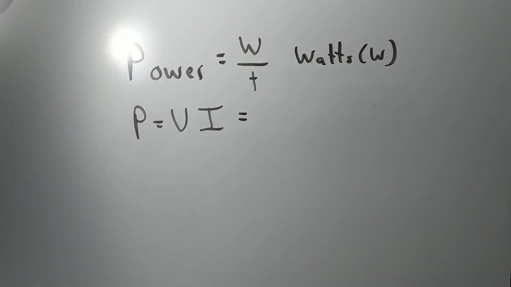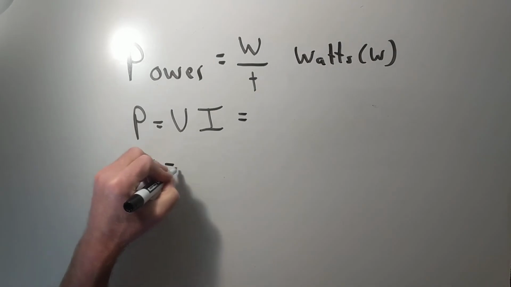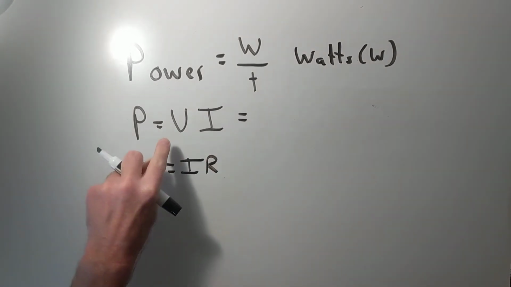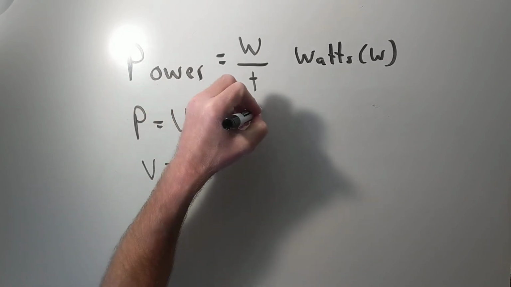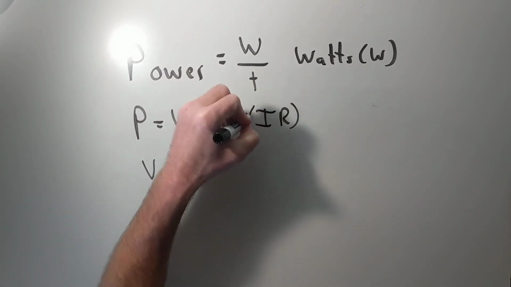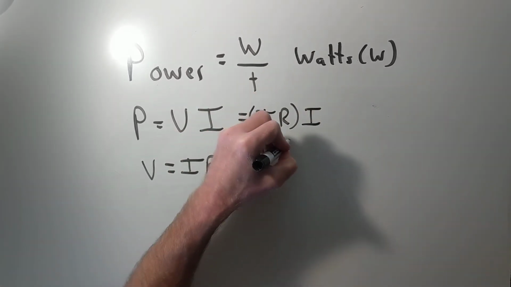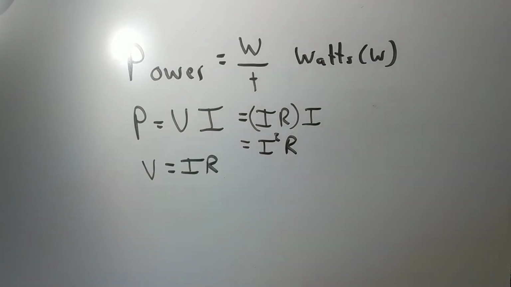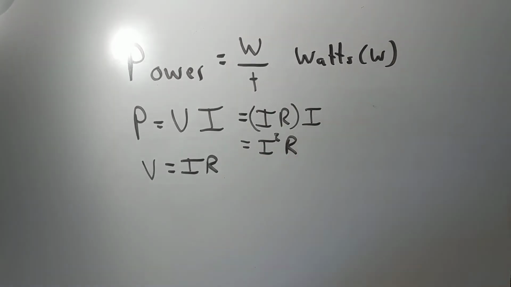But there's actually something you can do with this. If you look and remember Ohm's law, V equals IR, well, V is equal to IR, so in place of V, put IR, and you have I times R times I. So that means it's I squared R. That is also what the power is in the circuit. So if you have V times I, use that. If you have I and R, use that.